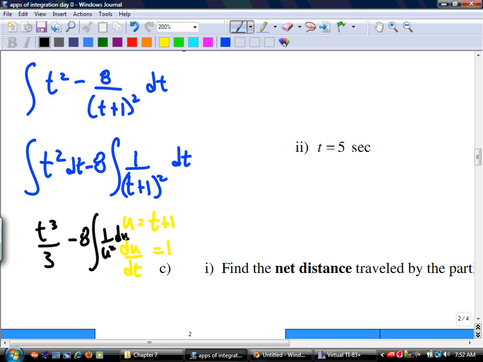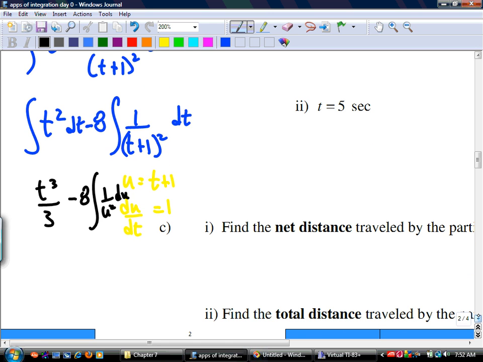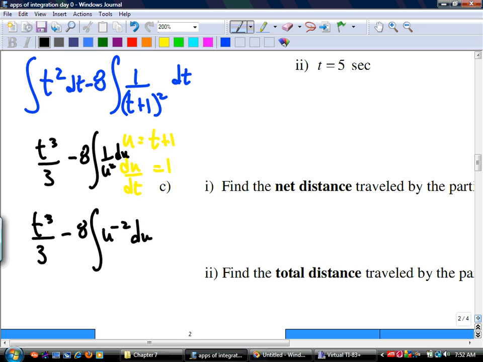So you do that, and then you guys are telling me the answer. But I didn't want to skip any steps, so we will write it out. The antiderivative is, you've got u to the negative 1 divided by negative 1, right? So negative 8 u to the negative 1 over negative 1.